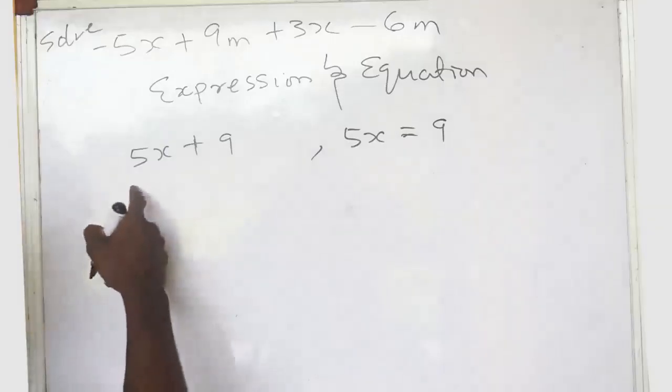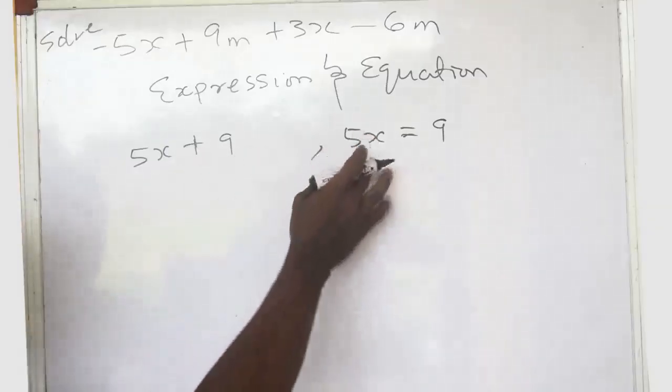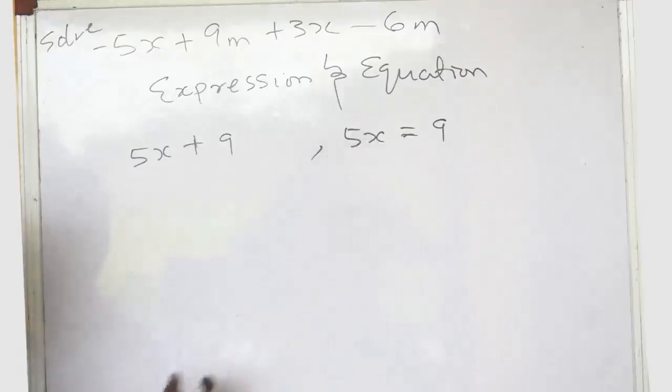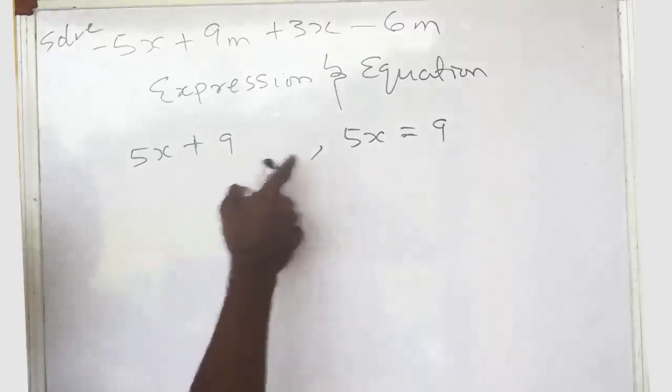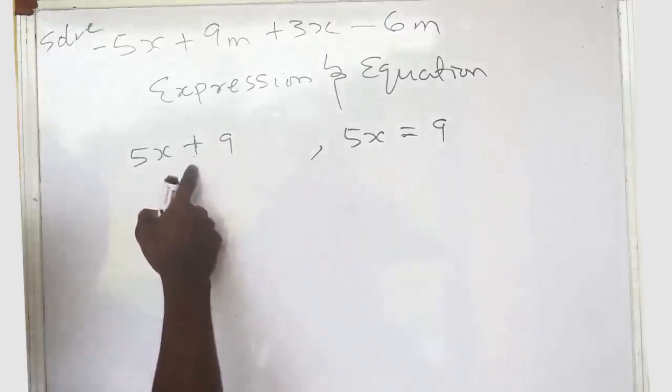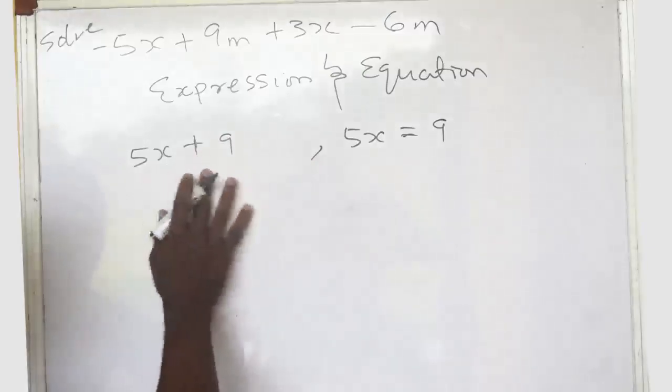So this is an algebraic expression. You can also call this an algebraic equation. So the moment I remove this addition sign and put an equality sign, this is no longer an expression.